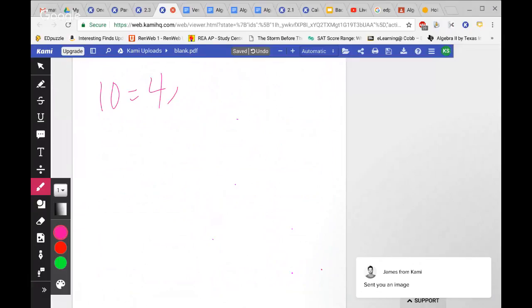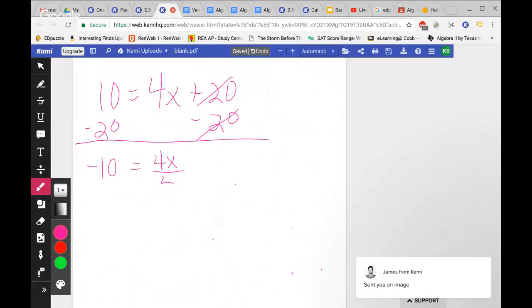Okay, so I'm going to subtract 20 from both sides. And that's going to give me negative 10 equals 4x. And then I'm going to divide both sides by 4. And that's going to give me negative 5 over 2 or negative 2.5. Is that what y'all got? Yeah.